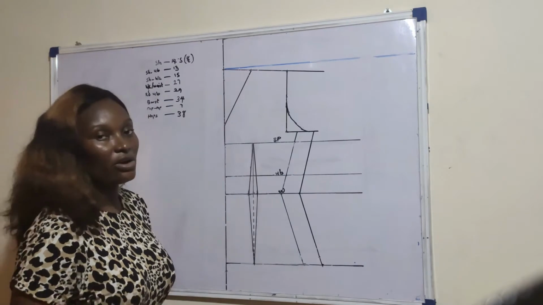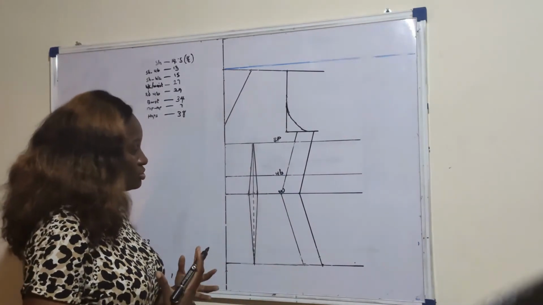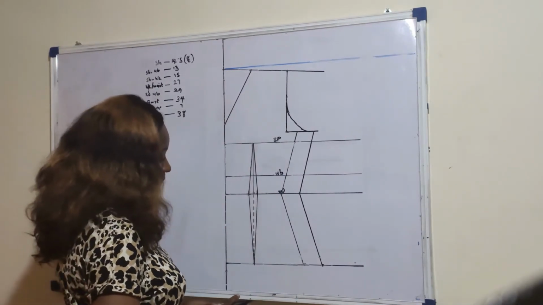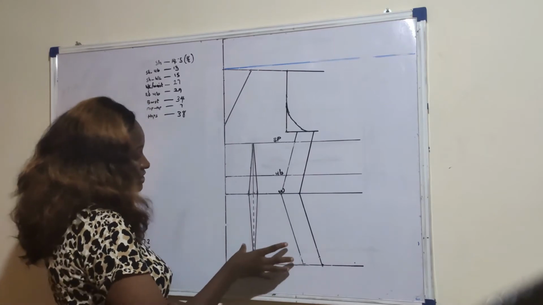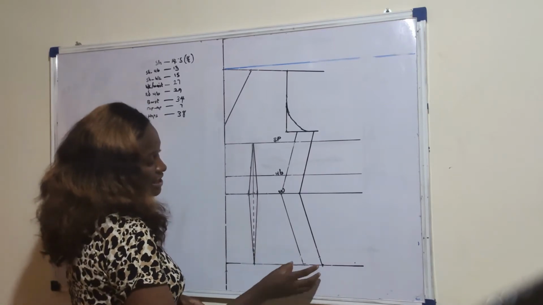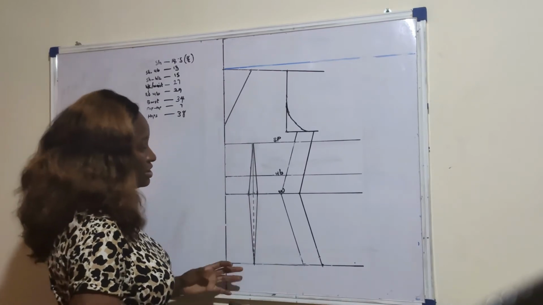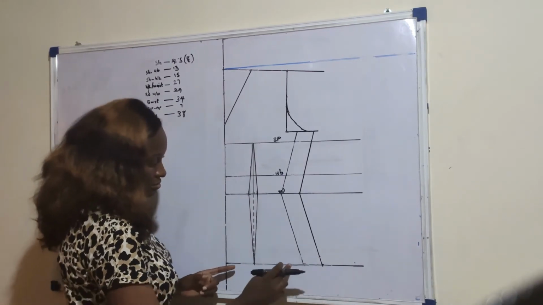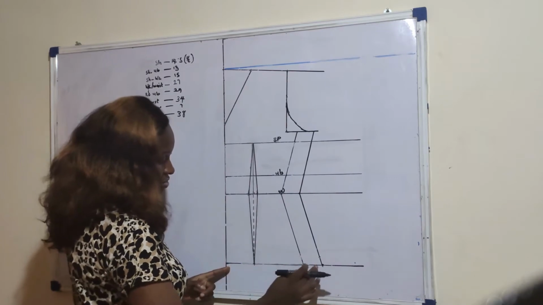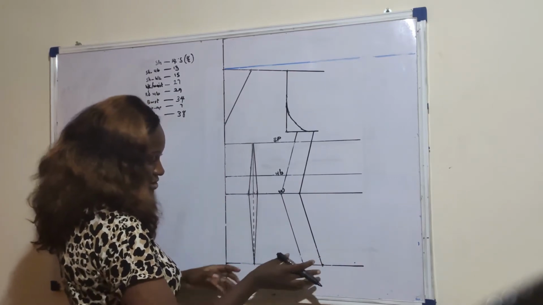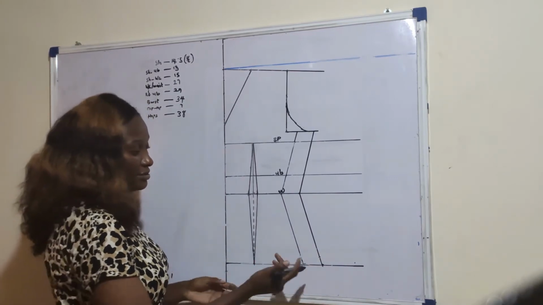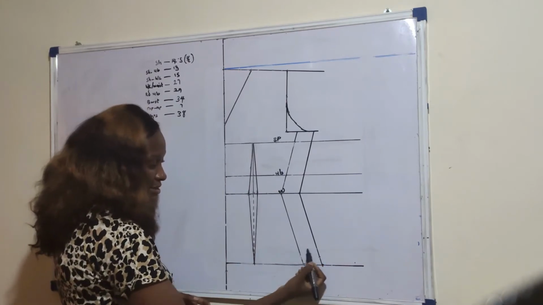There's something I prefer to always do at my bodice, at this part. I really don't like the conventional top that is just like this. I like a bit of curve at this end.